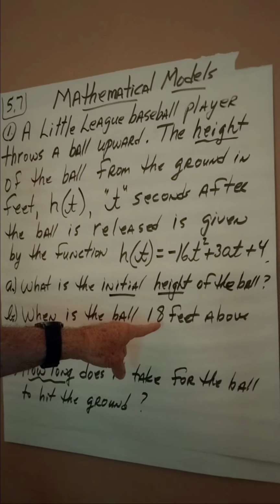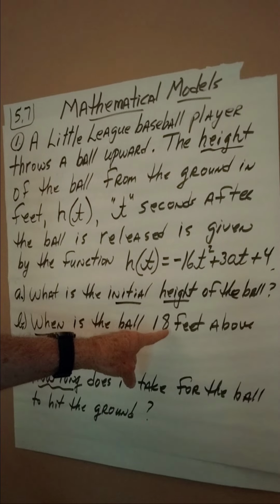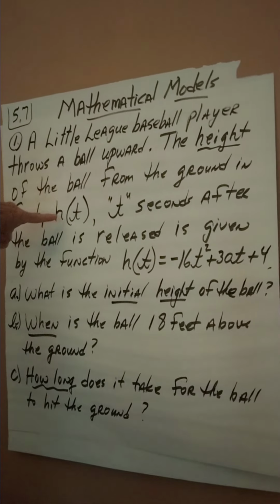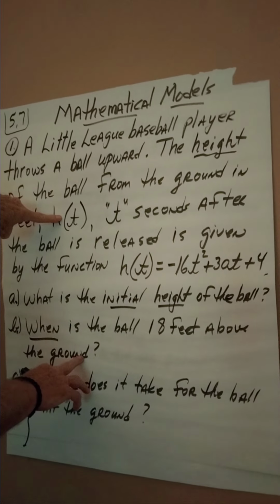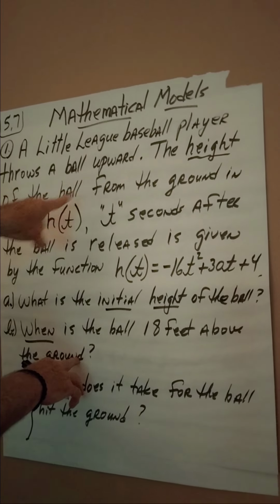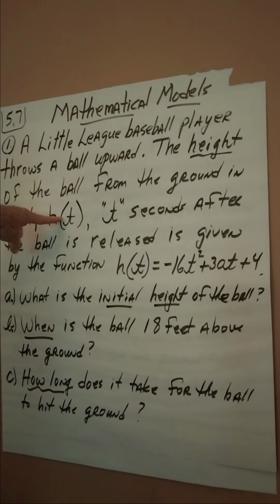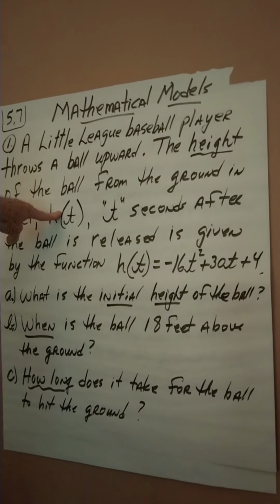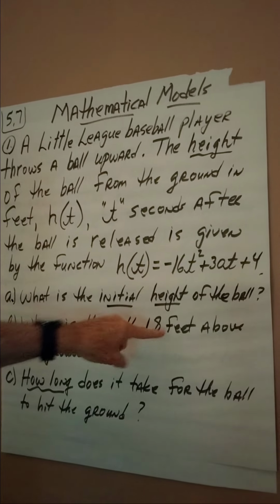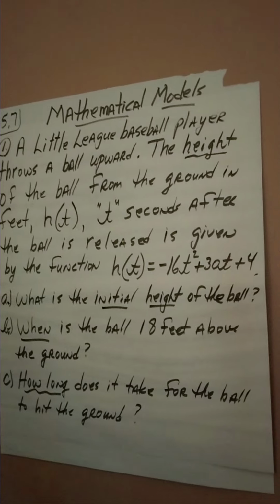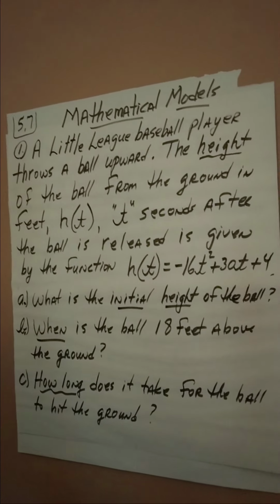They've given us the number of feet above the ground. h of t represents the height of the ball from the ground. So this time on letter B, they're telling us h of t. It's 18 feet. And the question is asking, when is the ball 18 feet above the ground?